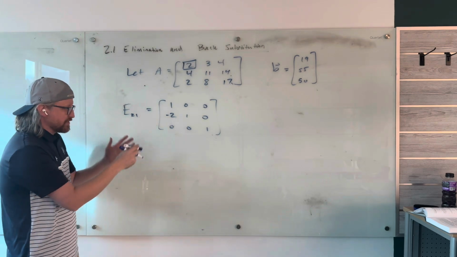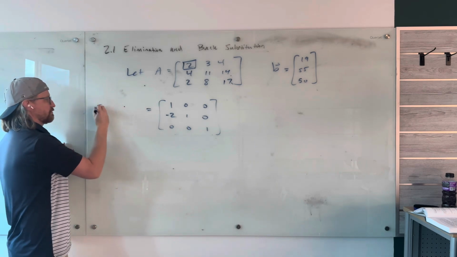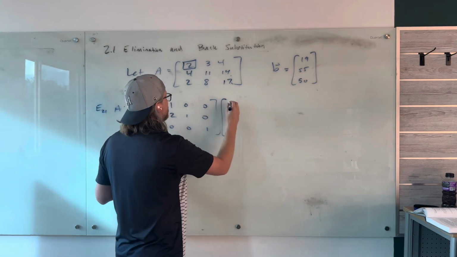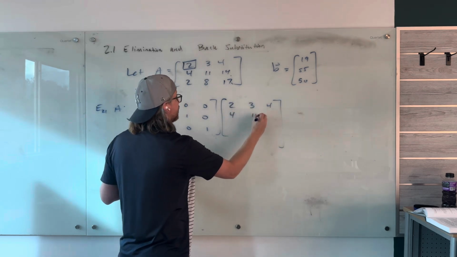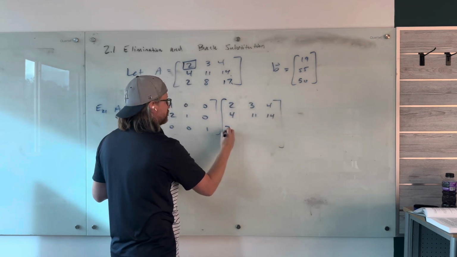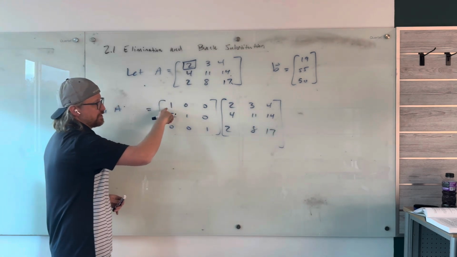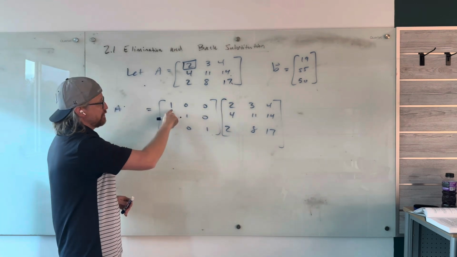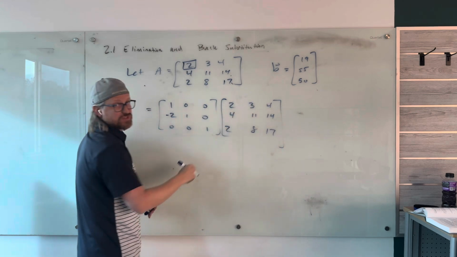So what happens then is if I perform the matrix multiplication, E21 times A, I'm going to put A here on the side: 2, 3, 4, 4, 11, 14, 2, 8, 17. When I perform this multiplication, because we're essentially going row by column, because this is 1, 0, 0, notice how that keeps this first row the same.